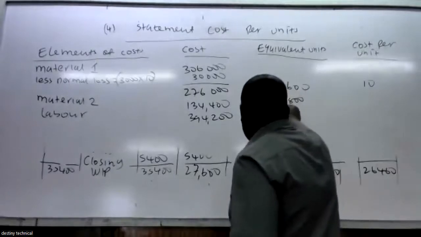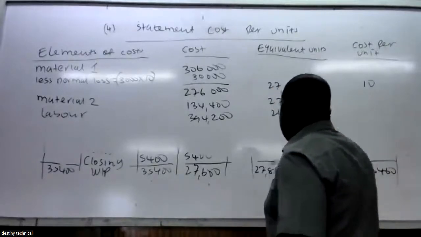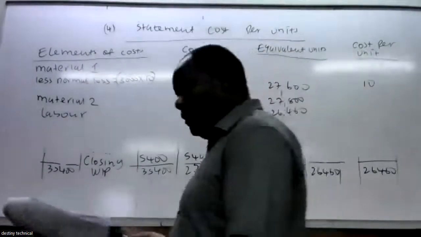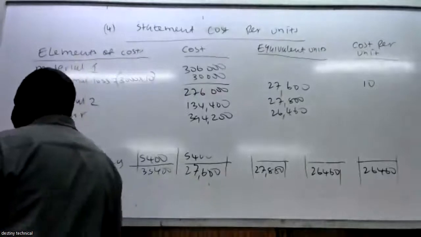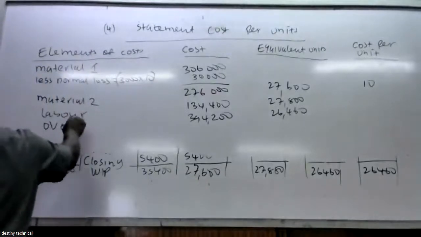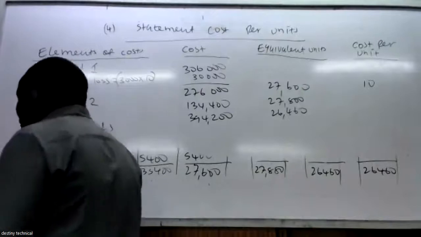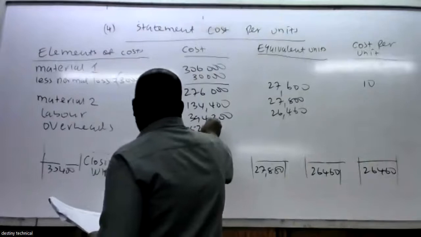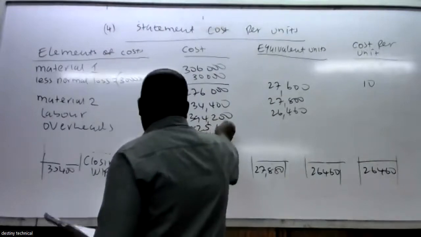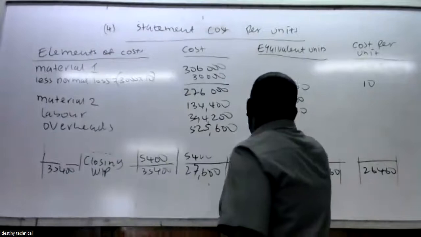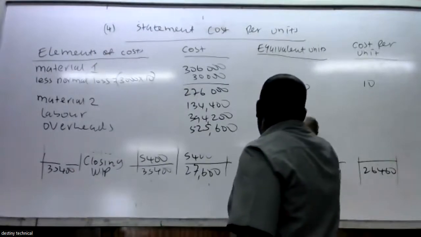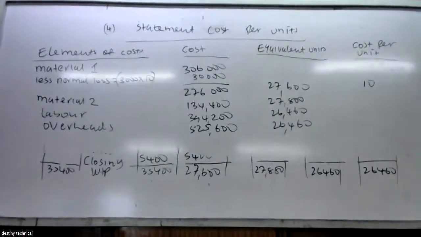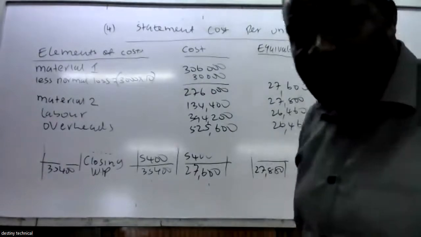This one is 26,460. Then overheads, it is supposed to be 525,600, so it is 26,460. So give me the figures.